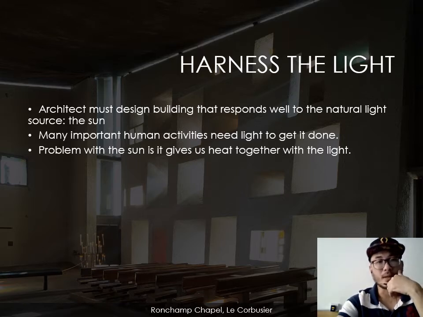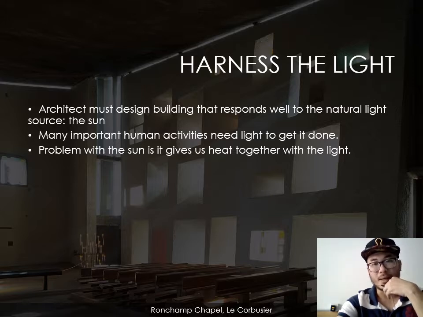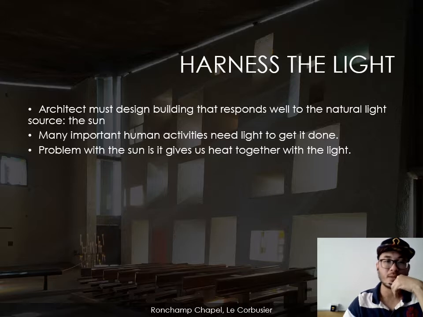Many important activities that involve humans need light to get done, for example studying or playing games. There are so many games, and almost all games need light. So without light, there are lots of things that can't be done.